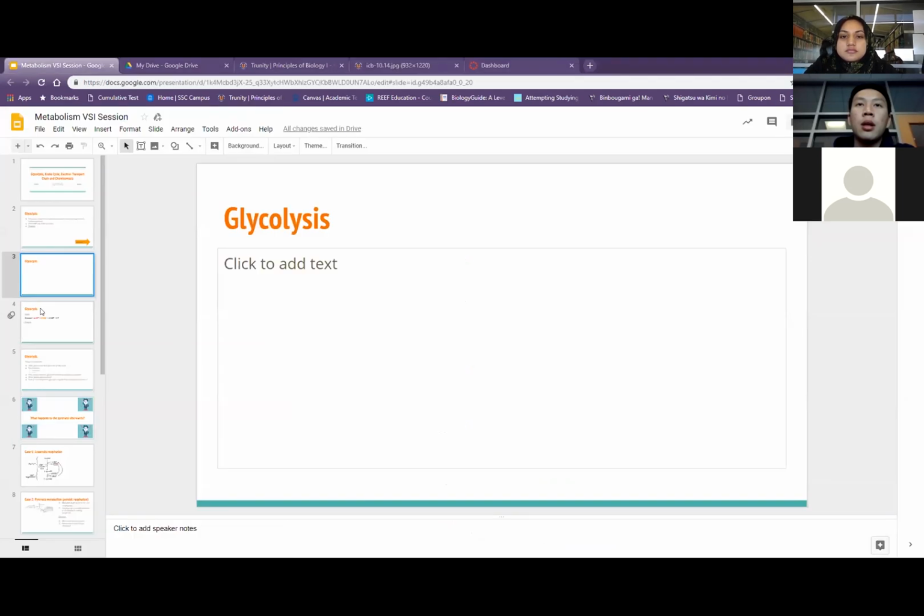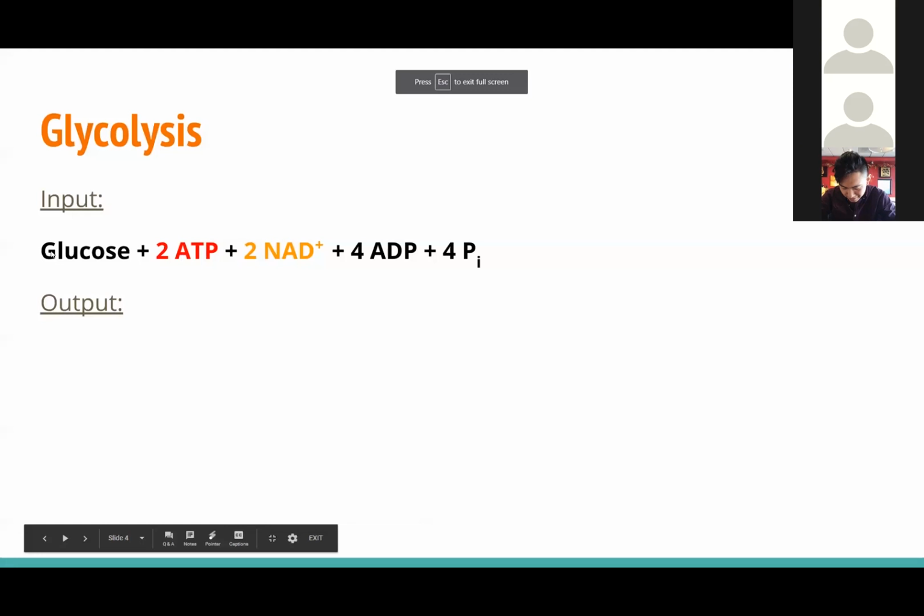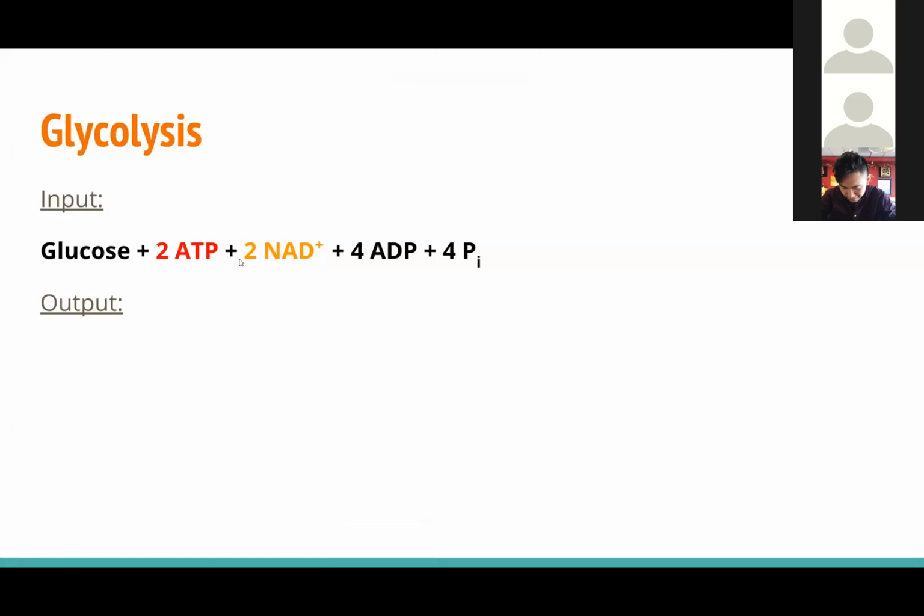So I have a simplified chemical equation for glycolysis. Right here, the input is glucose, 2 ATP, 2 NAD plus, 4 ADP, and 4 phosphate ions. For your output, you're going to get 2 pyruvate, 4 ATP, 2 NADH, 2 water, and 2 ADP.